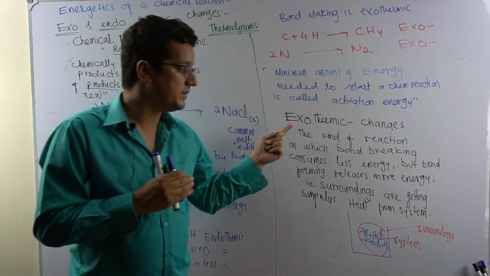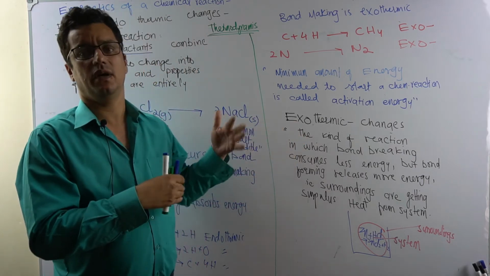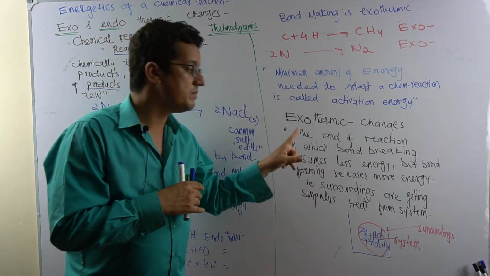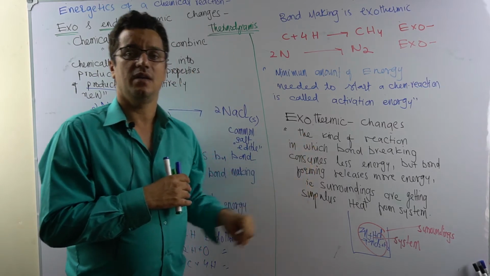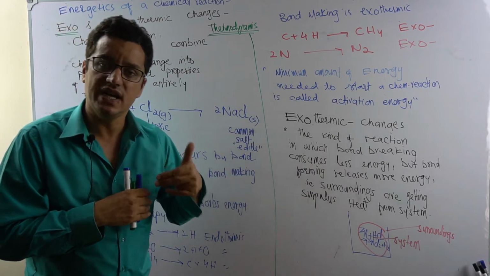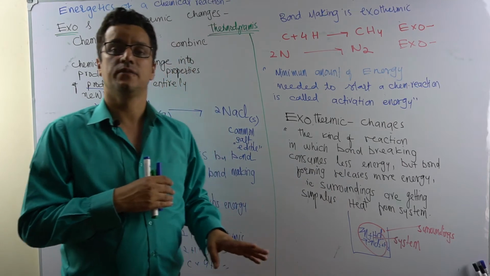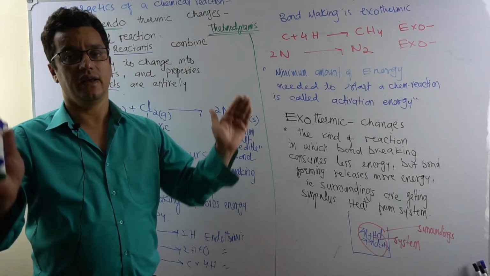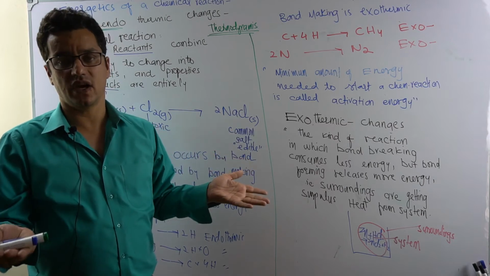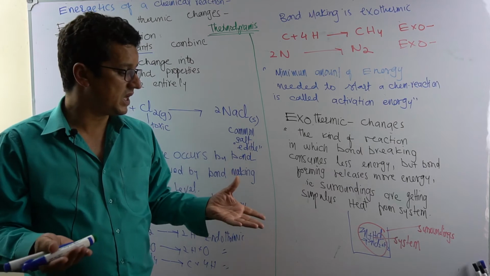In an exothermic reaction, no doubt the first part is endothermic and the second part is exothermic, but the bond breaking has absorbed less energy and bond making has released, given off, more energy. As a whole, surroundings are getting a surplus of energy and they are getting warmer and hotter, like a combustion reaction, like a neutralization reaction, like a displacement reaction.